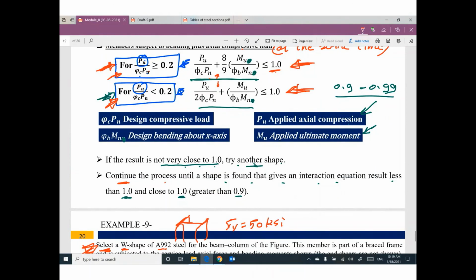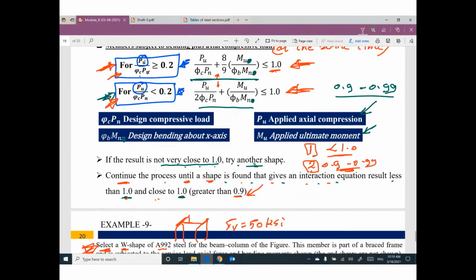Try to assume another cross section until a cross section is found that gives an interaction equation result less than 1 to be safe, and very close to 1, something greater than 0.9. This is a guide. But remember that the main target is to be less than 1. The second target is to be economical, between 0.9 and 0.99. But the main one is smaller than 1.